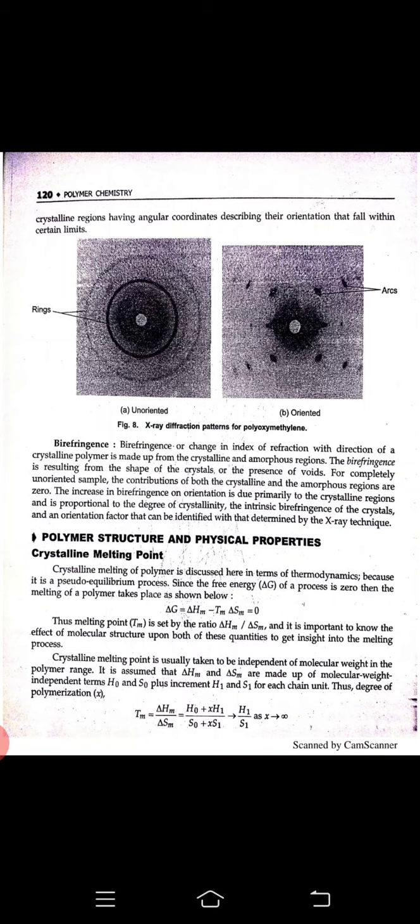Thus, with degree of polymerization x, Tm is equal to delta Hm upon delta Sm according to the above equation, where delta Hm is equal to H0 plus xH1 and delta Sm is equal to S0 plus xS1, so Tm tends to H1 upon S1 as x tends to infinity.